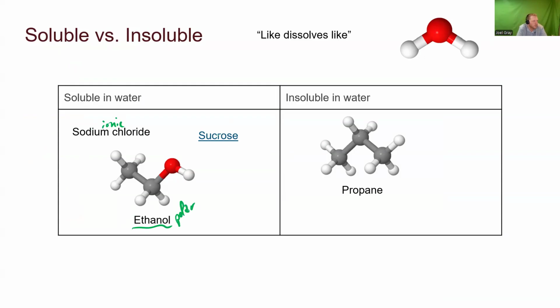Sucrose and glucose, C6H12O6, go into solution very well. Meanwhile, something like propane, C3H8, is not going to go into water very well because it is non-polar.